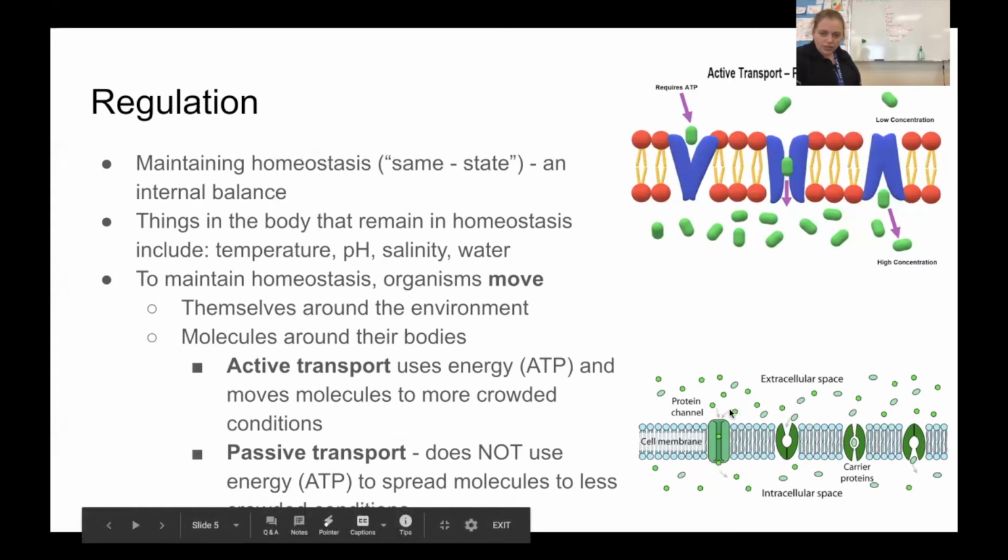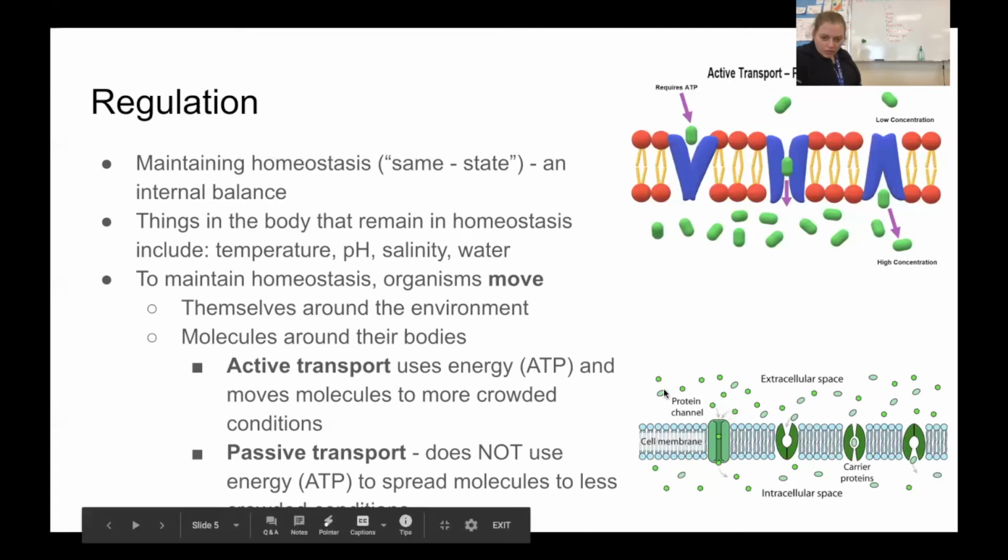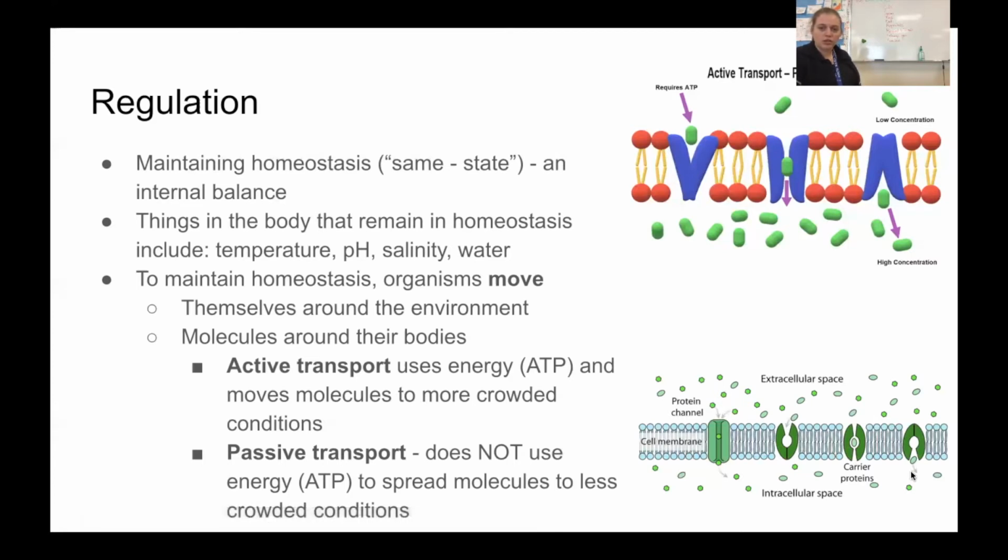So we can see that they're flowing from a crowded condition to a less crowded condition. That's passive transport. We also see that with these little teal ovals. You see there's a lot of them on this side, very few of them over here. They're just going through a different kind of protein in this membrane. We'll discuss that more later.